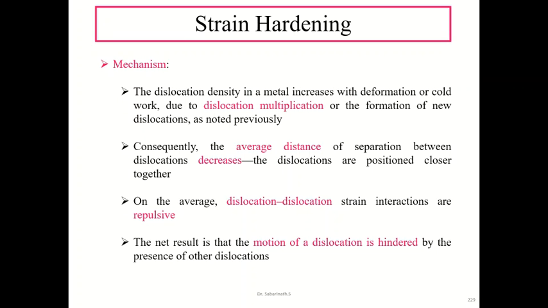Let us see the mechanism of strain hardening. The dislocation density in a metal increases with deformation or cold work due to dislocation multiplication, or the formation of new dislocations.